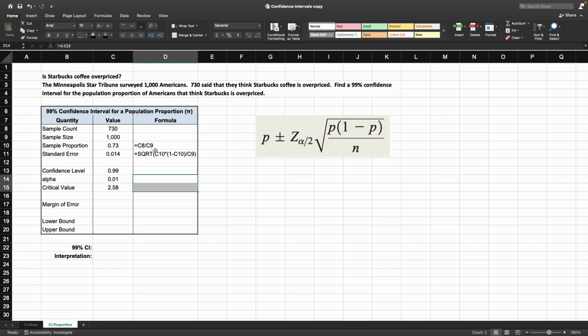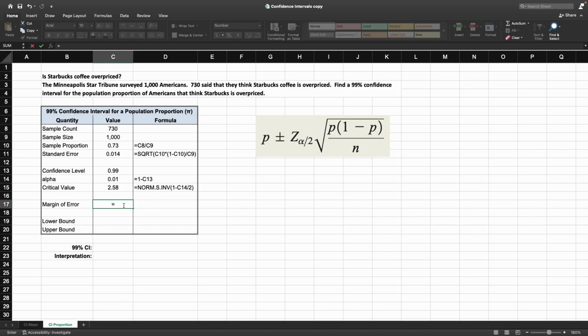It's a little more straightforward because we don't have to worry about n minus 1 degrees of freedom. Now we have our critical value of z and our standard error. If we multiply them together, we'll get our margin of error. So let's take our standard error and multiply it by our test statistic, the critical value 2.58.